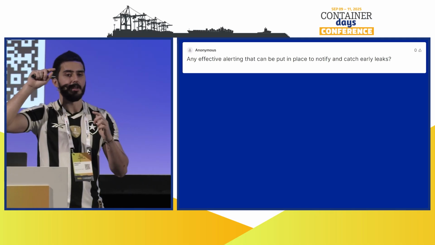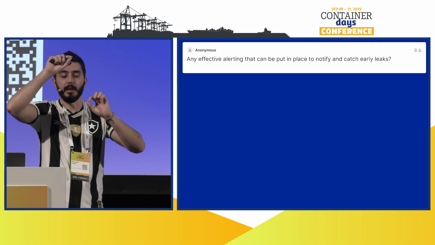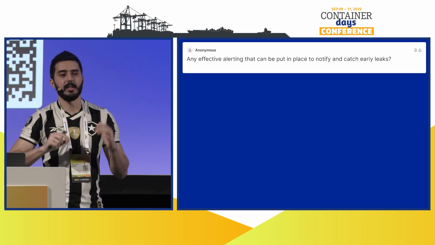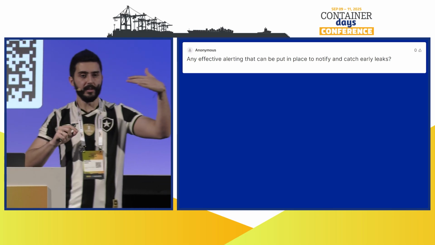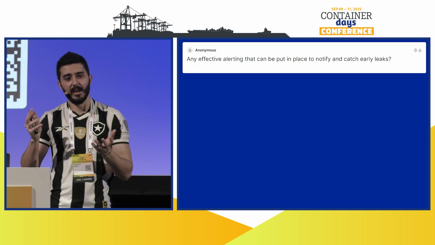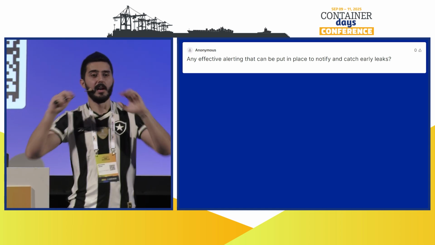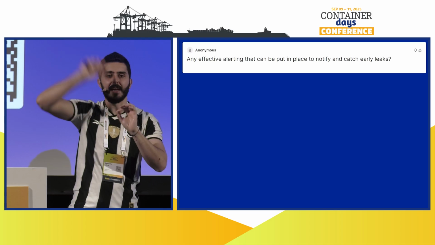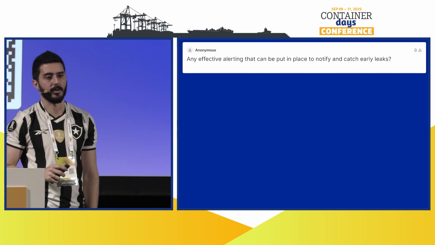Or you can watch for when you have a new deploy and you see a huge drop. This usually indicates that you have a memory leak, because your code is not releasing, but when you do a new release, you have a new instance up, so this new instance will be freed from the memory leak at this moment. So this kind of huge step, up or down, you can put some kind of alert on, for metrics, okay?